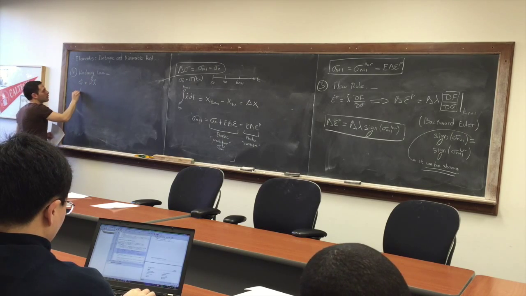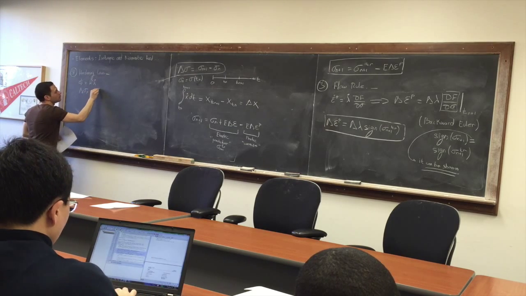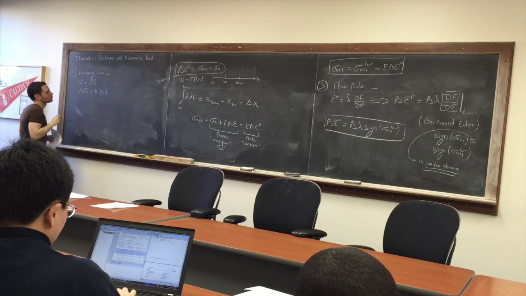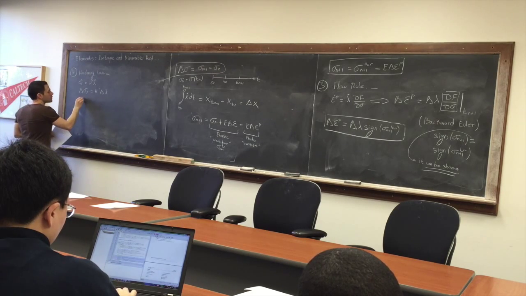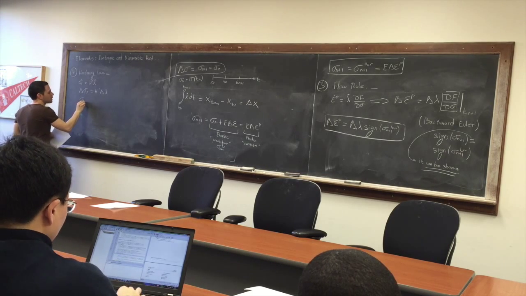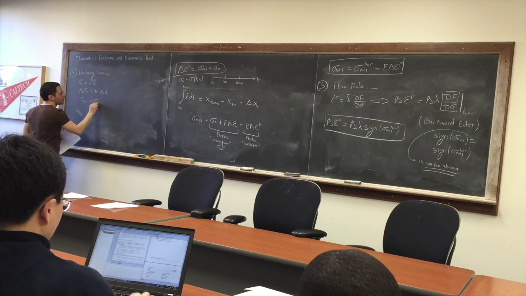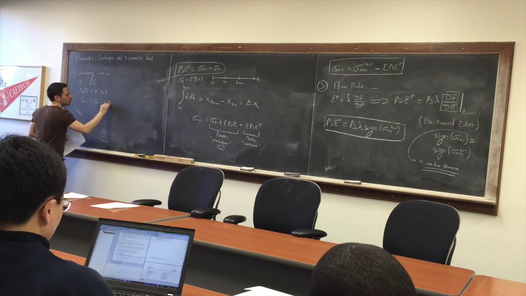So delta sigma y equals h prime delta lambda. So sigma y n plus 1 is equal to sigma y n plus h prime delta lambda.